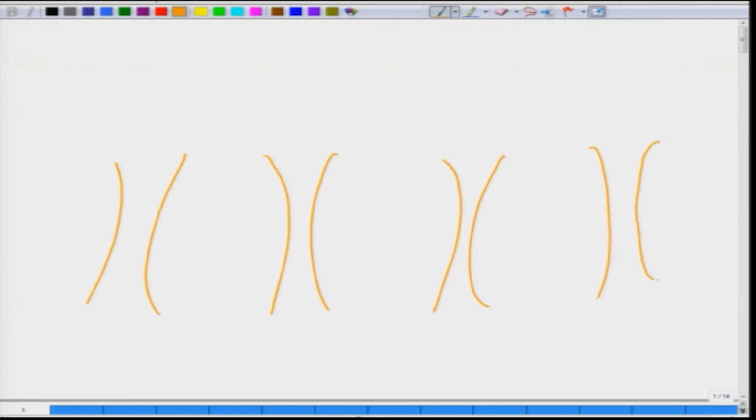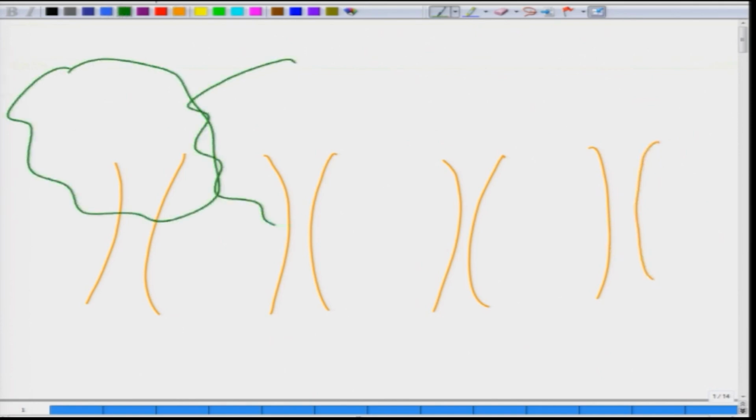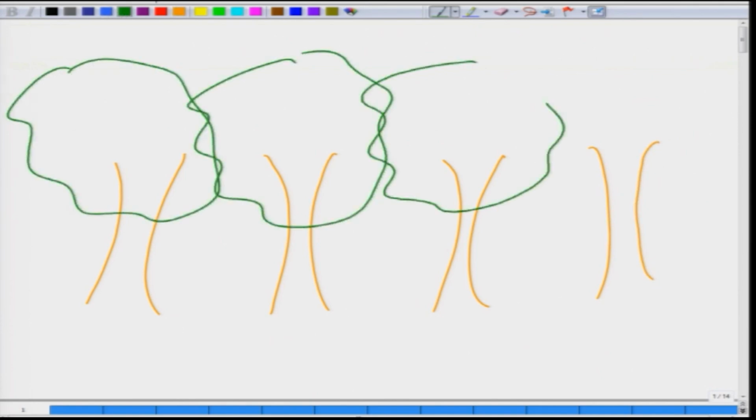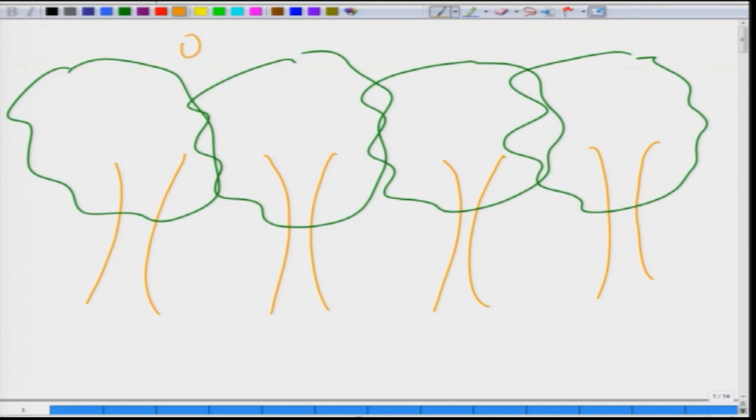So, suppose this is your forest, these are different trees with their canopies, and when we say that it is a closed canopy, what we are saying is that if you look at the sun, then at the bottom of your forest you do not have enough sunlight, because the sunlight is getting blocked by this canopy.